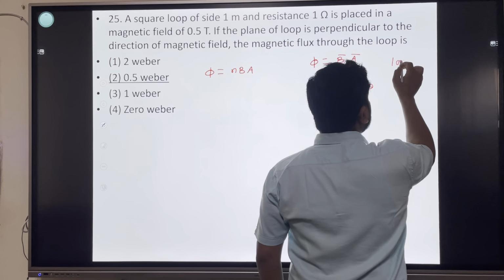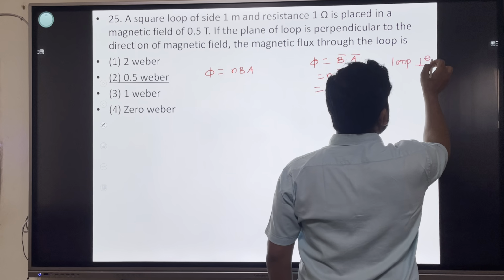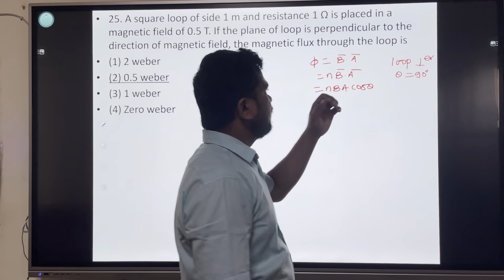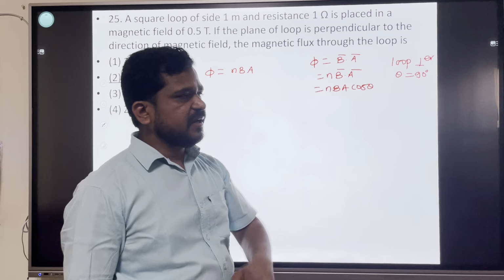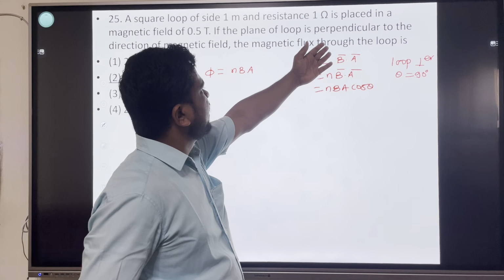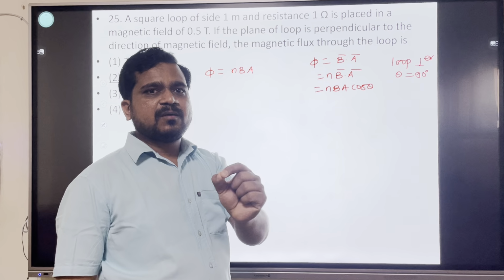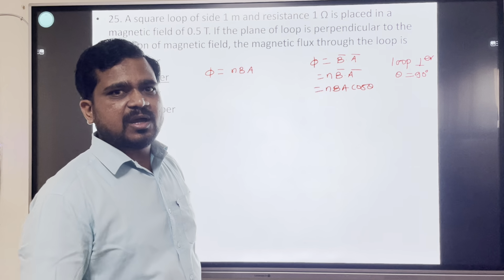If the loop is perpendicular, theta is equal to 0. Theta is the angle between normal to area vector and magnetic field. This is not theta equal to 90 degree, perpendicular given है. Normal to area vector means perpendicular, और magnetic field दोनों का angle 0 होगा.